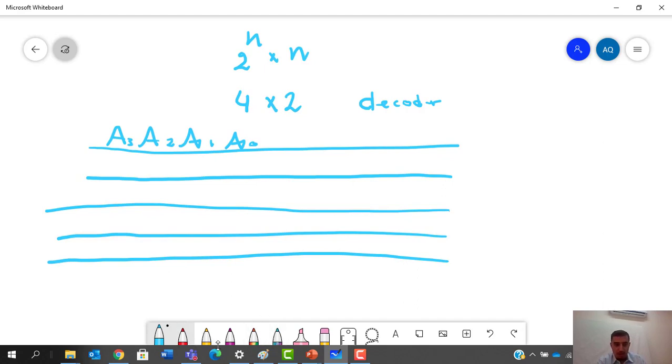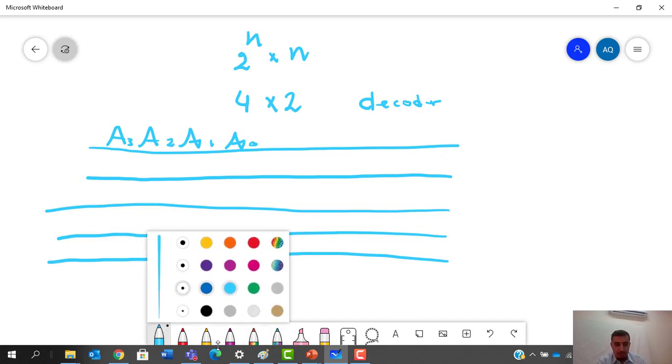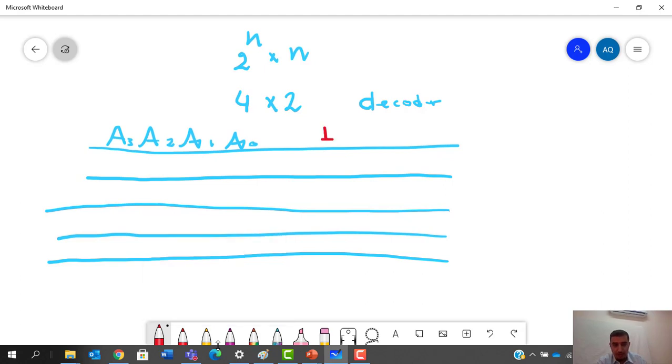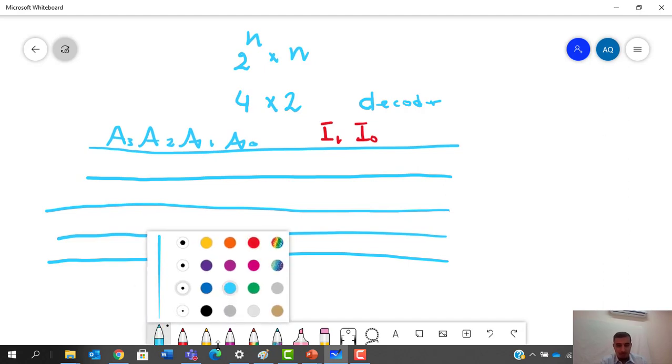Our outputs are, let's say, I1 and I0, and the values once more.